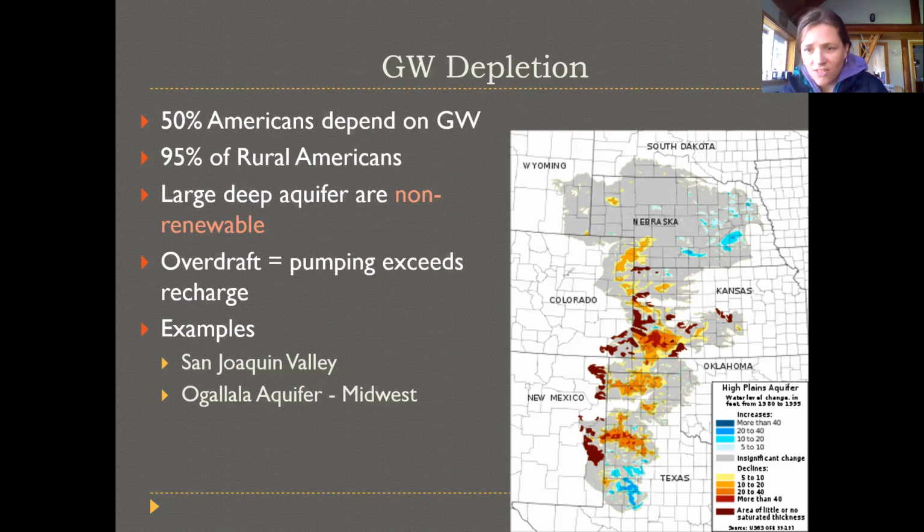Oh no, sorry, this is feet. That's what I thought, it was more extreme. So the red areas have seen more than 40 feet of loss of water underneath the ground over that 15-year period. So that gives you an idea of how fast this water is being depleted.